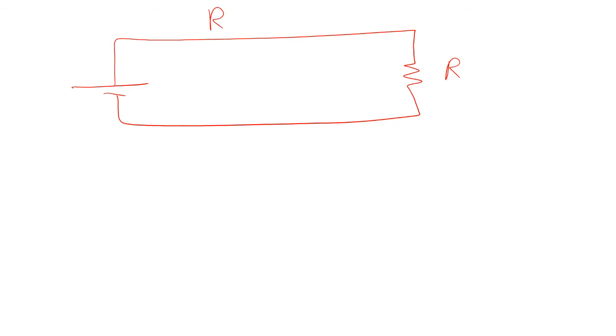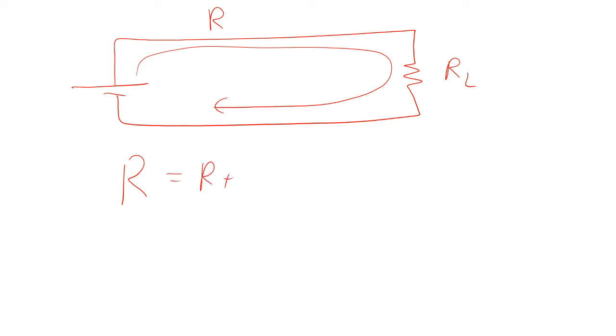We can call the load resistance RL, and R is the resistance of the wires. Because the current has to go through both of those, the total resistance is going to be equal to R plus RL. We'll talk about this later, how series circuits work.